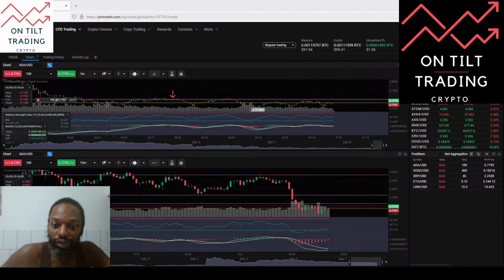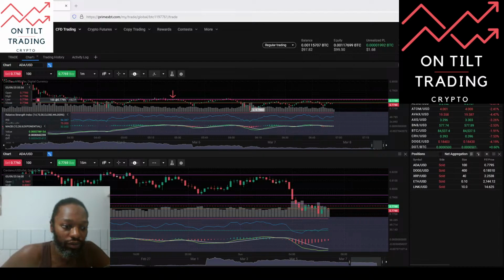So in this situation, we have an above average volume profile from what we can see here. This volume is higher, and we have oversold conditions. So this is this price action here.